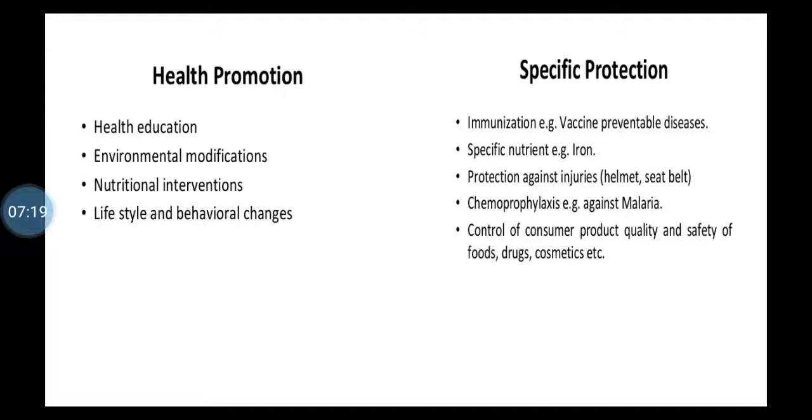Now, the other step is following specific protective measures, isn't it? Some of the diseases can be prevented by specific protective measures. For example, there are certain infections like tuberculosis, diphtheria, pertussis, tetanus, polio, measles.